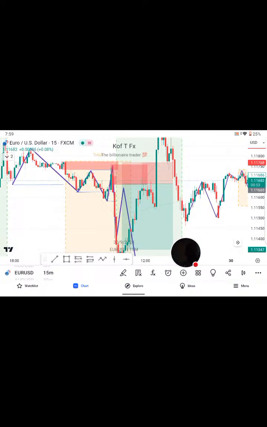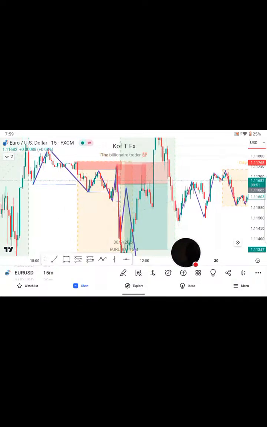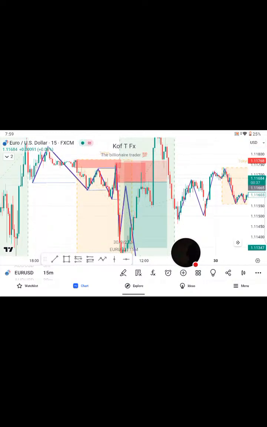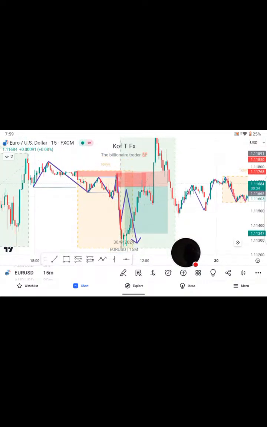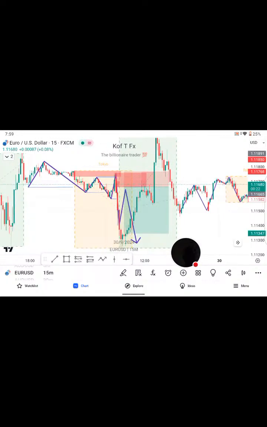We have a break of structure, liquidity, another break of structure, then we have a liquidity gap. Then during London session, we were expecting our setup to play out. So during the London session, we had a mitigation of our POI. However, when news was released, it took us out, which led to the SL being hit.